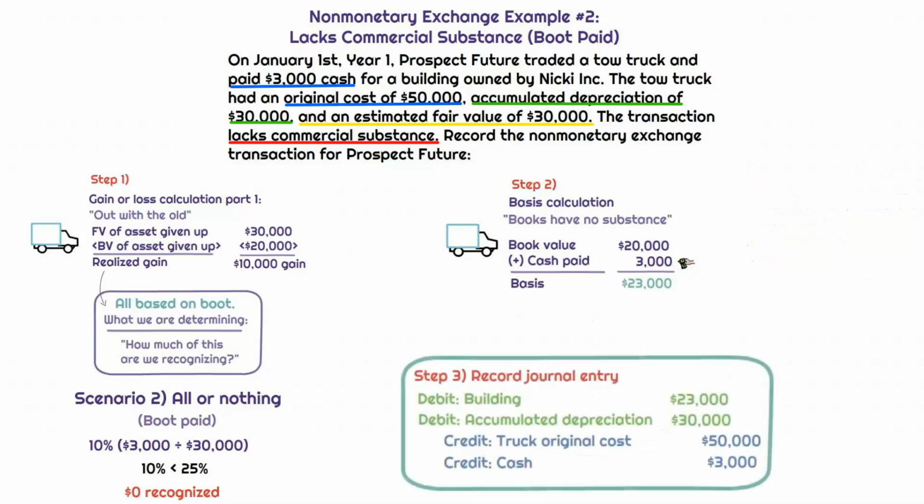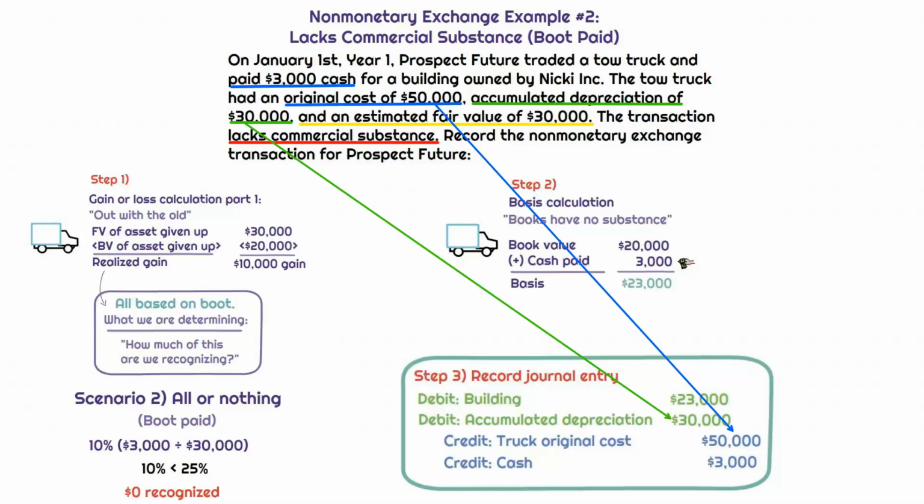Now moving on into the journal entry. We have a debit to building, right? That's the asset that is now getting recorded. And we know that the basis is $23,000. Again, the truck is coming off the books. The tow truck had an original cost of $50,000 and an accumulated depreciation amount of $30,000. We're reversing the $30,000 in accumulated depreciation, and we are going to reverse the truck.